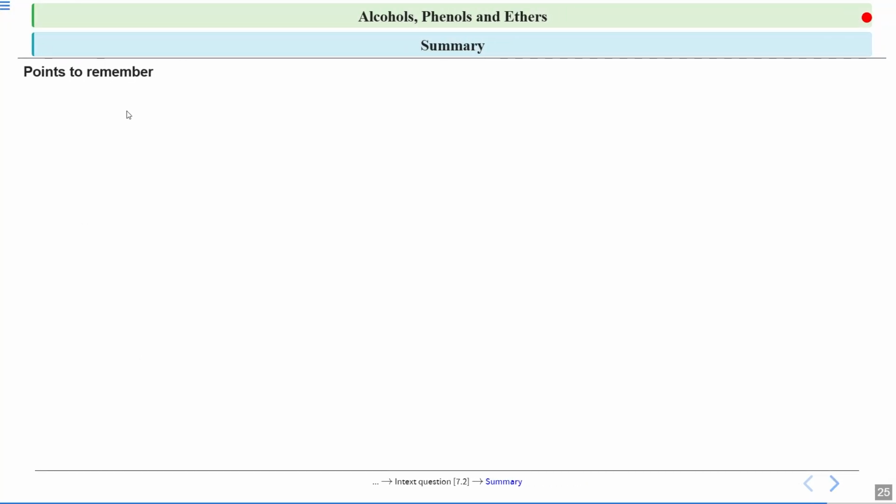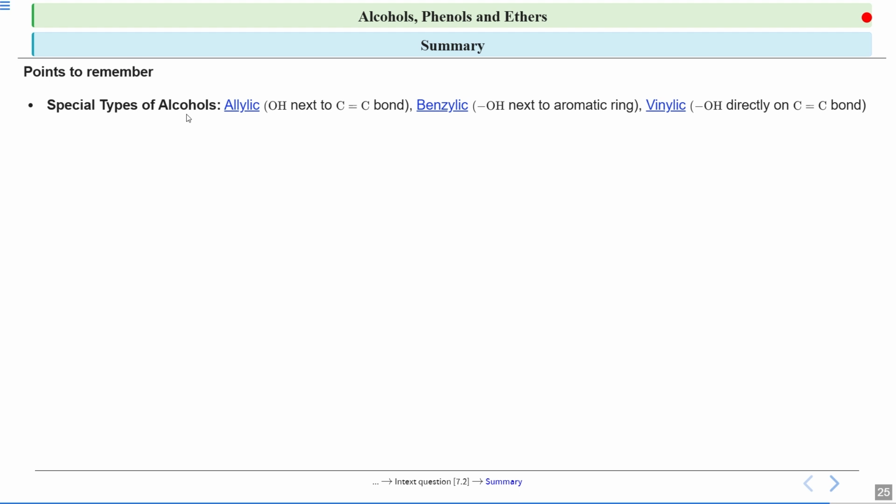Another point to remember is the special types of alcohols: allylic, where the hydroxyl is present next to the carbon-carbon double bond; benzylic alcohols, where the hydroxyl is present next to the aromatic ring; and vinylic alcohols, where the hydroxyl group is directly attached to a double bonded carbon.